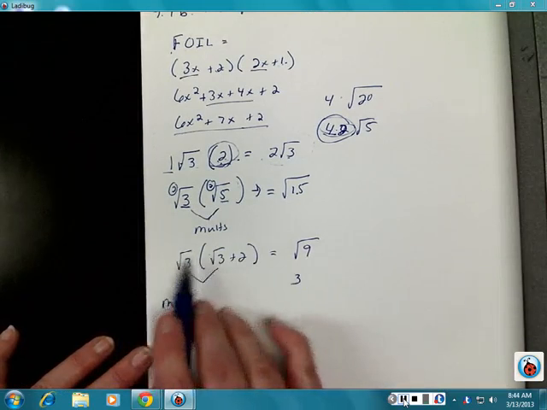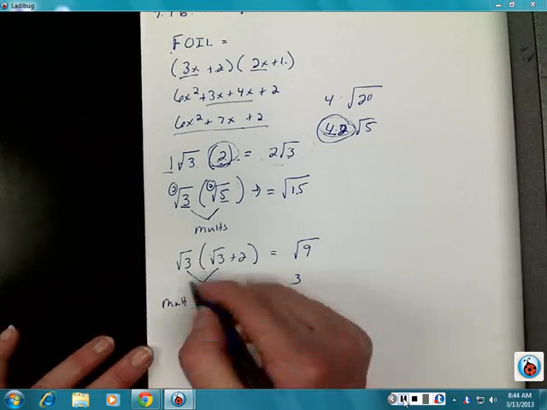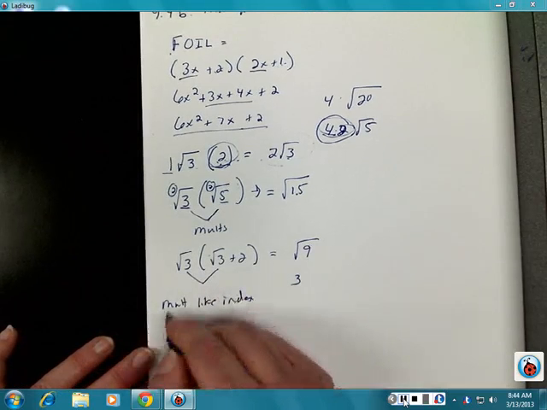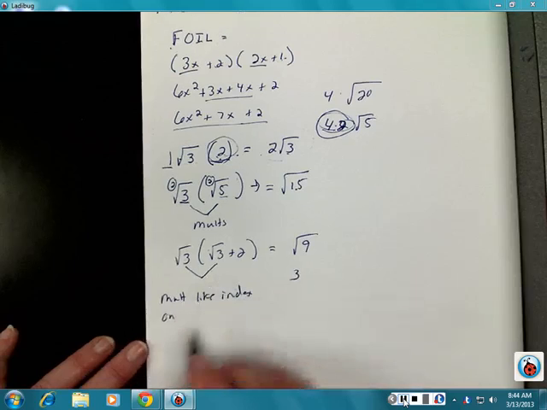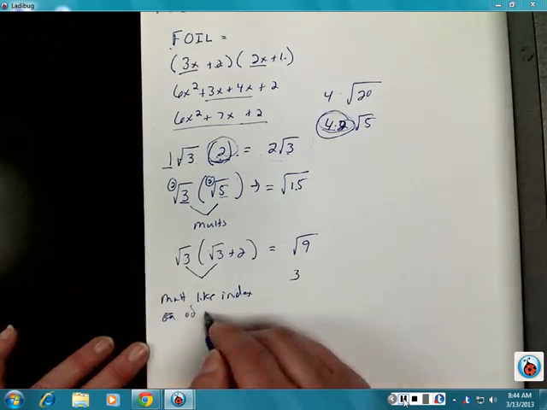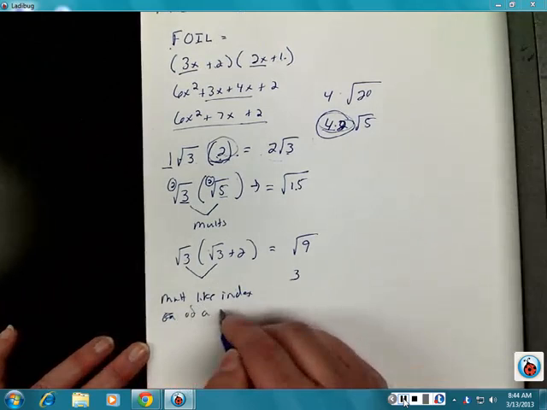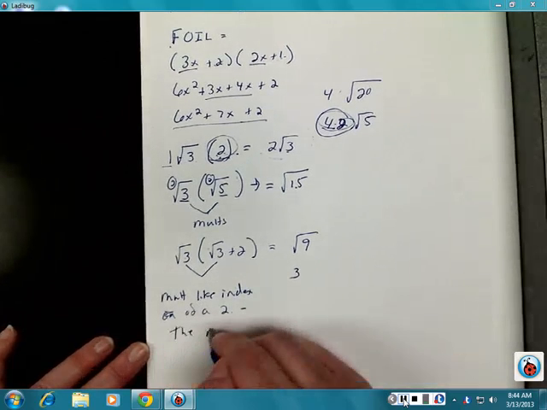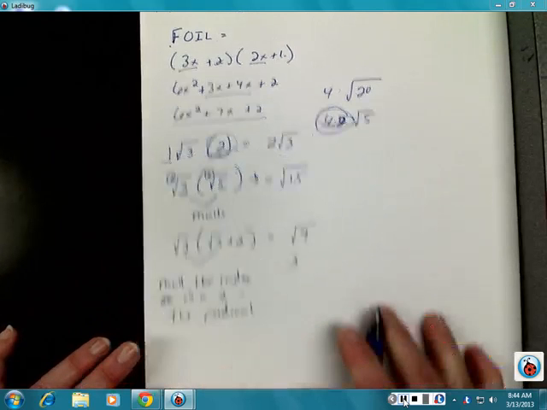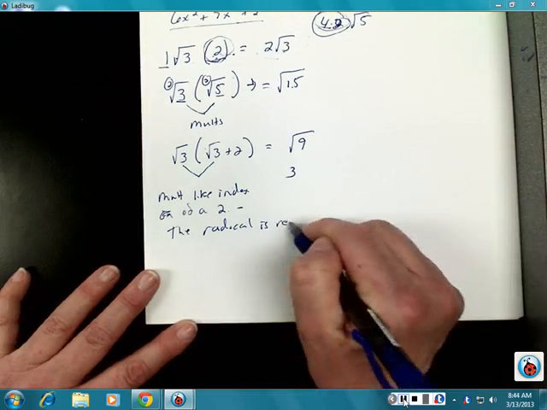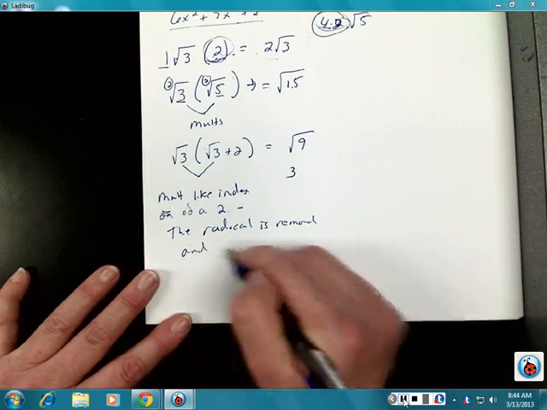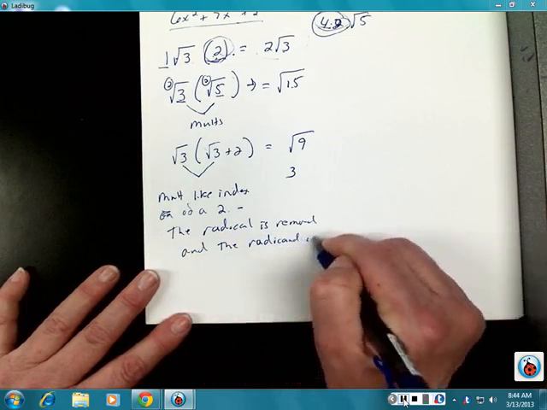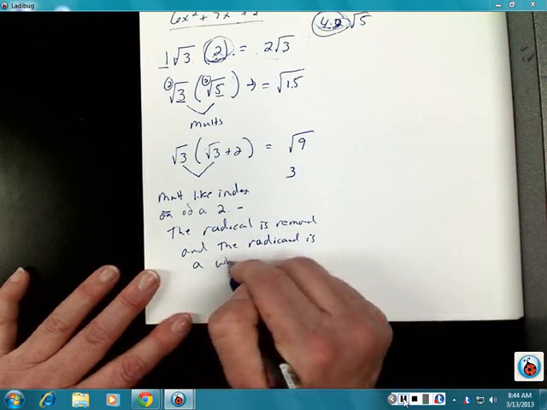So what happens when you multiply like indexes with like radicands? On like indexes of a square, or of a 2, in other words, the radical disappears or is removed, and the radicand is a whole number.